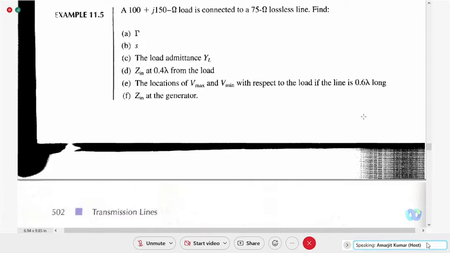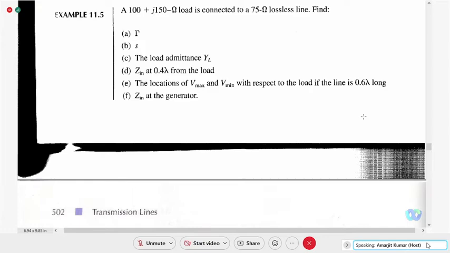How much do we have to move? 0.4 into 720 degrees. So 0.4 into 720 means 288 degrees. So 288 degrees we have to move from the load point in the clockwise direction.